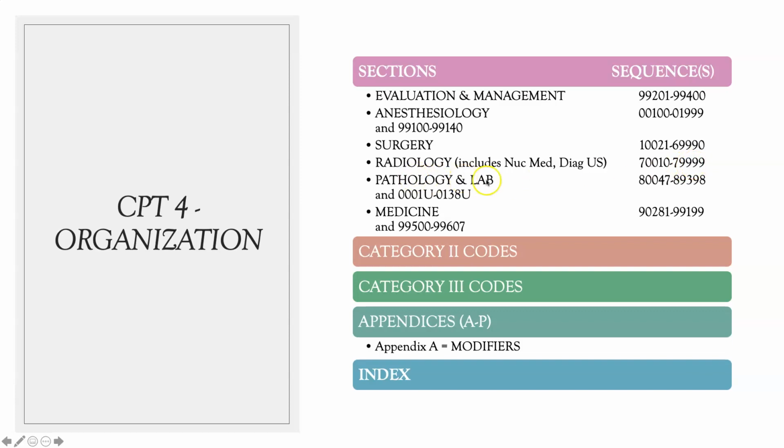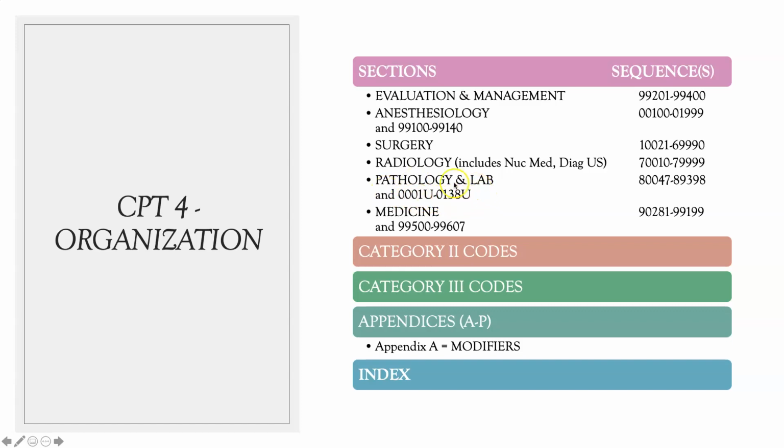Then we get into pathology and lab, all those tests that have to be run and done and reviewed and posted. They start in the 80047 through 89398 range. And then there's also a handful of them, look here, 0001U to 0138U.